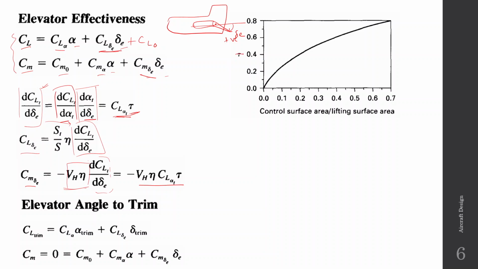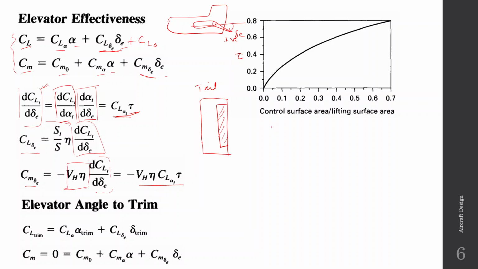So tau is the flap effectiveness parameter. It mainly depends on the ratio of the elevator area to the tail area. Like, if this is a tail of the aircraft, you have a tail area and part of the tail is the elevator, right?